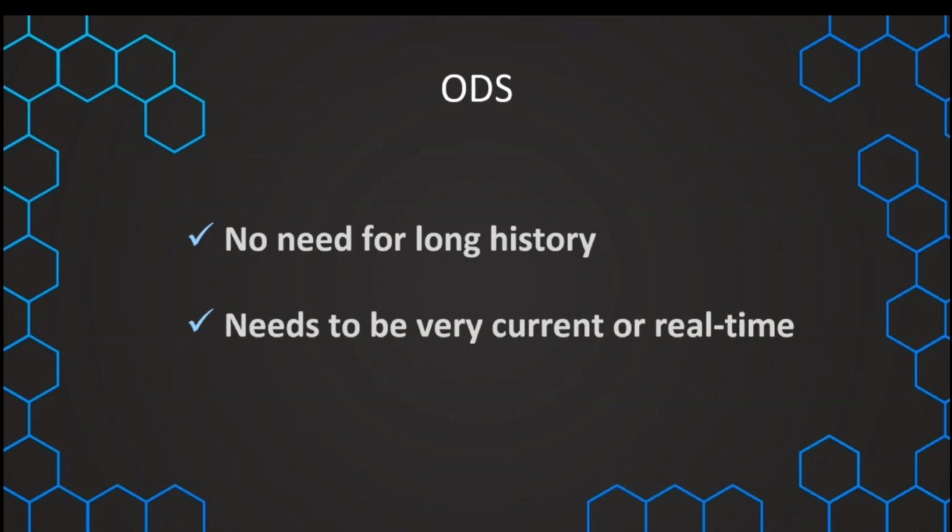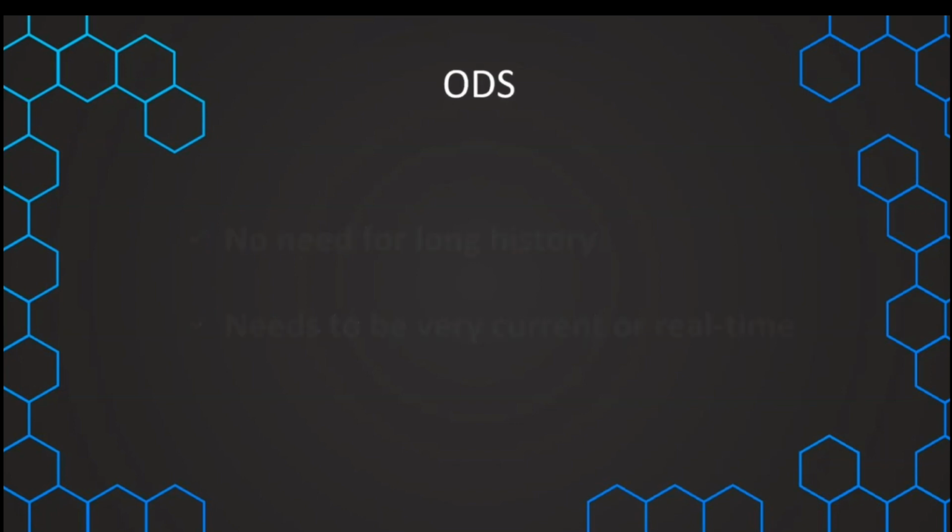And this is why it is different in a data warehouse where we have to make strategic decisions. So the data can be updated maybe once a day or once per hour even. And in an ODS, we don't need the history, but we need to have the data integrated as the current state of our operational systems in almost real time. And this is why we can have a data warehouse and an ODS in our company.